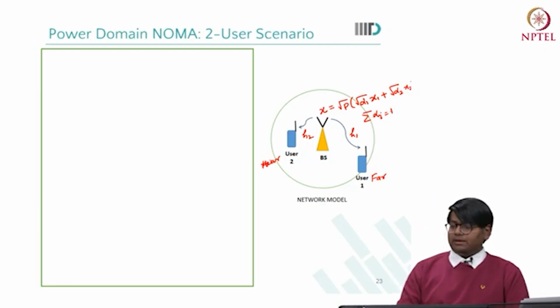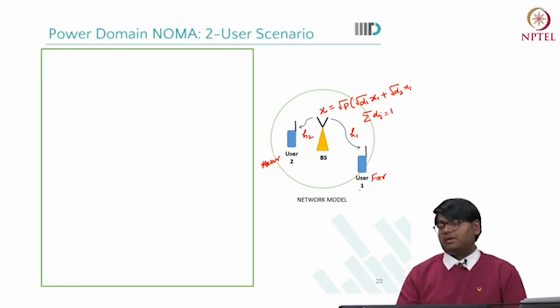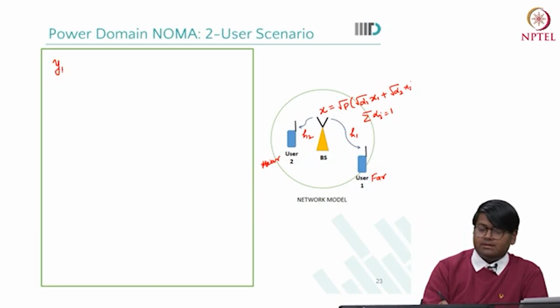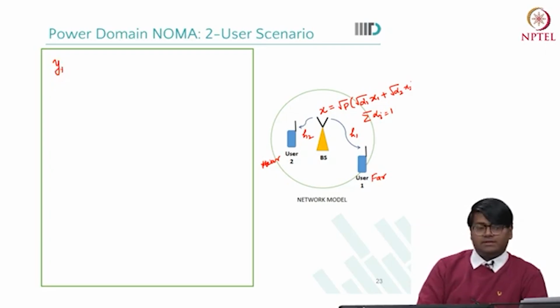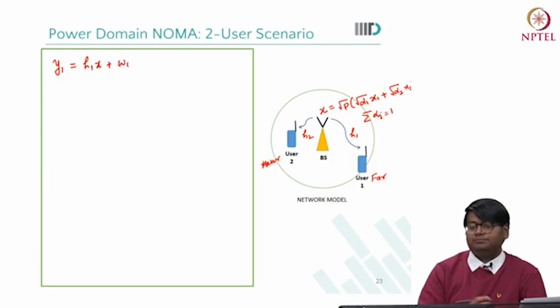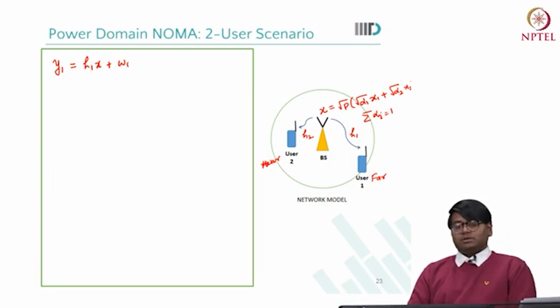Now, if we look at the received signal for my far user and near user, mathematically we can write that the received signal at user 1 is given by H1 x plus W1. W is nothing but the AWGN noise, additive white Gaussian noise. H1 is the channel between my base station and user 1.